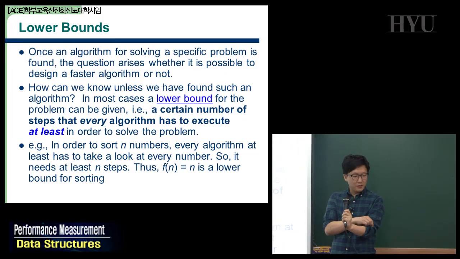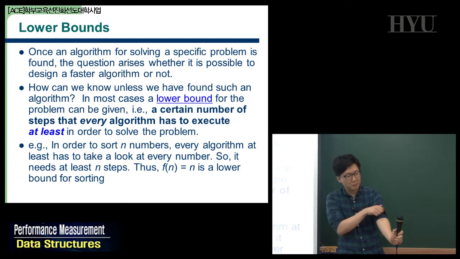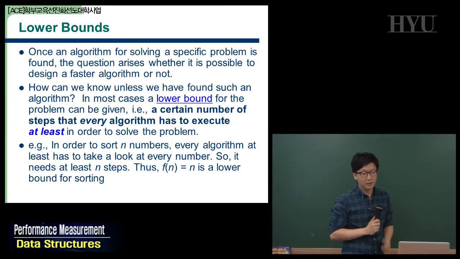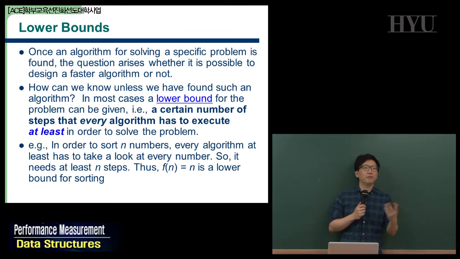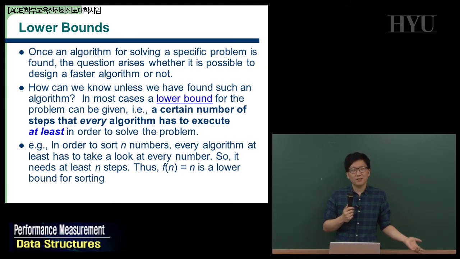Lower bounds. Once an algorithm for solving a specific problem is found, the question arises whether it is possible to design a faster algorithm or not. My explanation on this part was, if we have a proof that a certain algorithm cannot be done under some time, why spend your time developing something that is not possible?